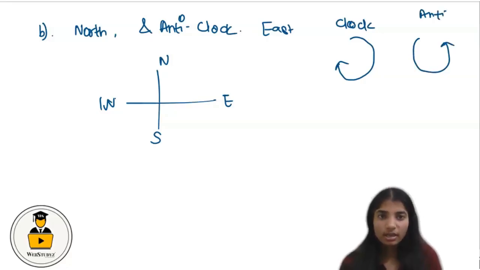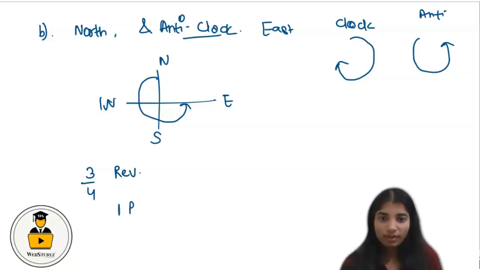It is at north and turns anti-clockwise to east, which means it will move in this way. So from north to east, when it moves in the anti-clockwise direction, it will cover 3/4 of this revolution.